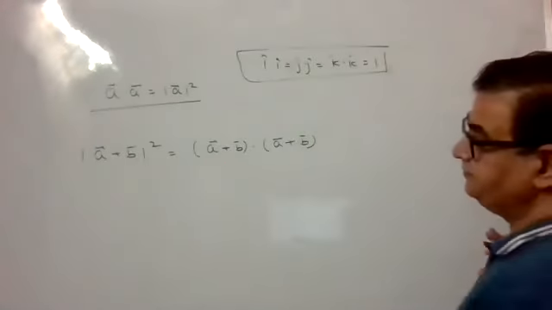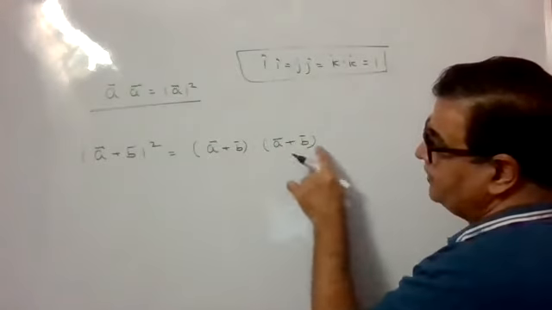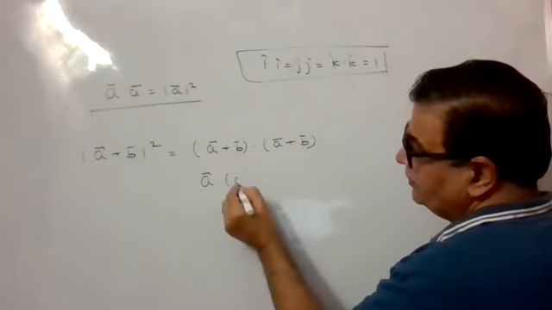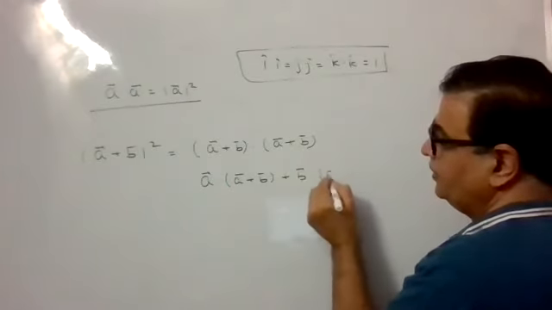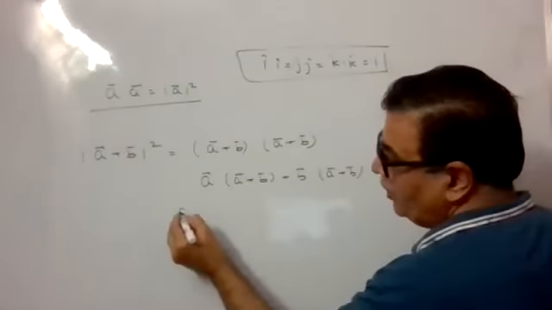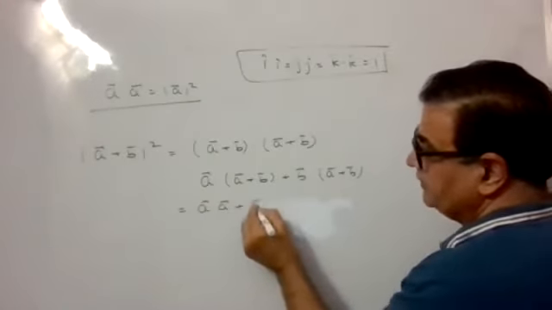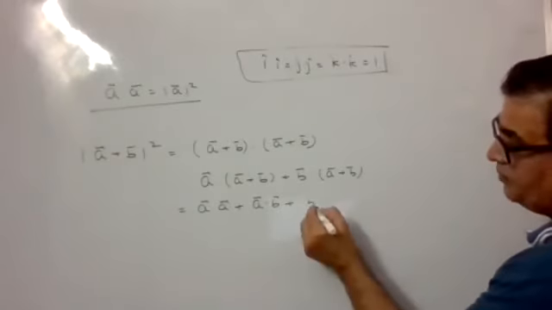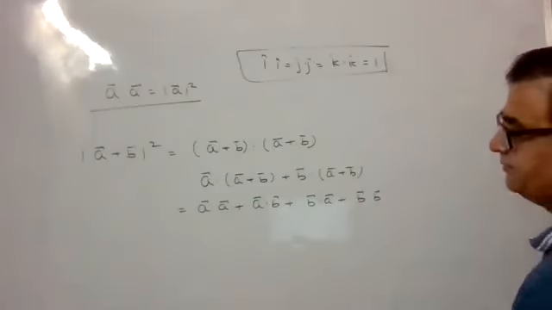Now I'll solve it using the distributive property. A dot A plus A dot B plus B dot A plus B dot B.